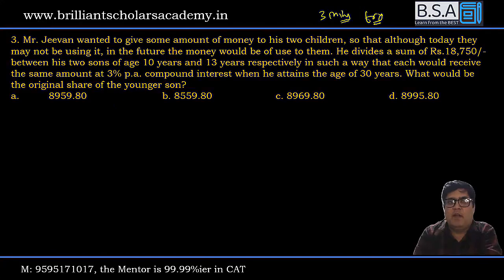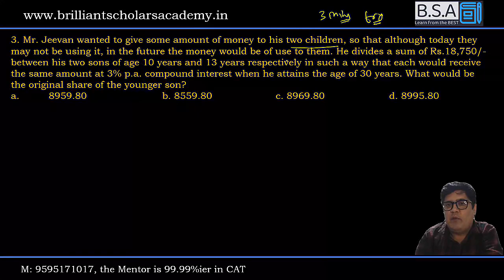Now, Mr. Jeevan wanted to give some amount of money to his two children so that although today they may not be using it, in future the money would be of use to them.